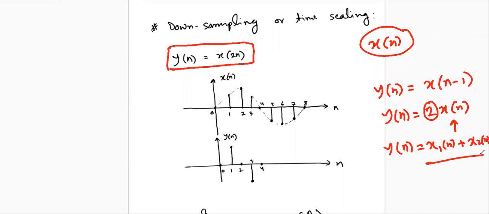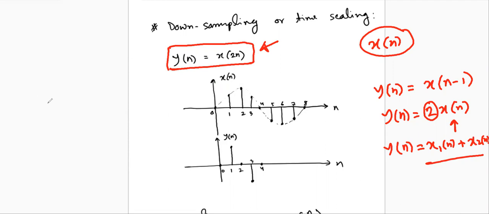This system is an adder circuit which adds two arbitrary inputs. So in that way, this equation we can represent as the system response, a system definition.